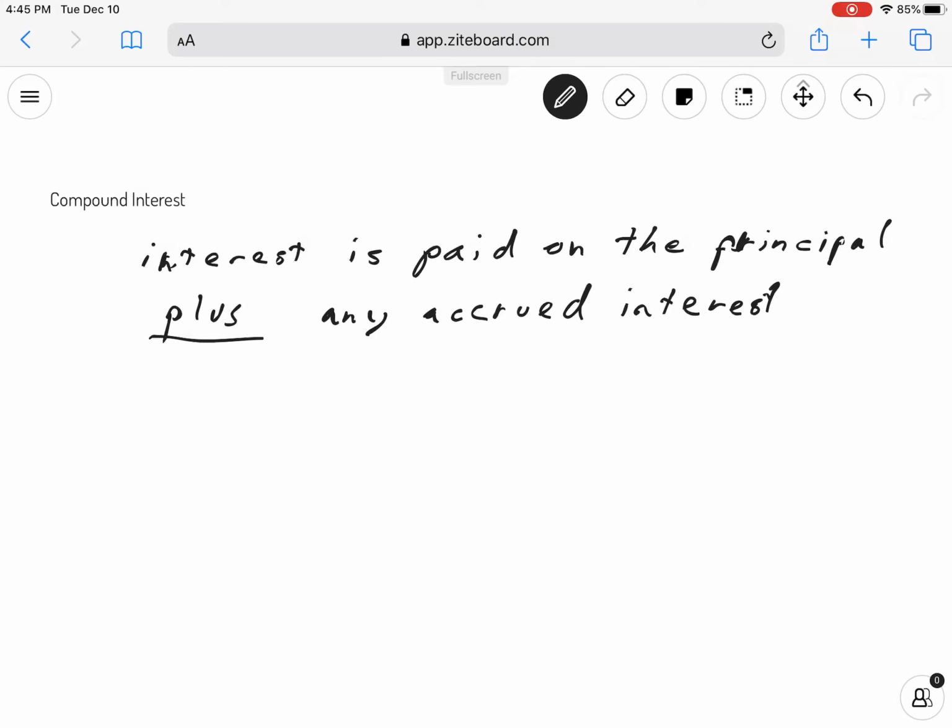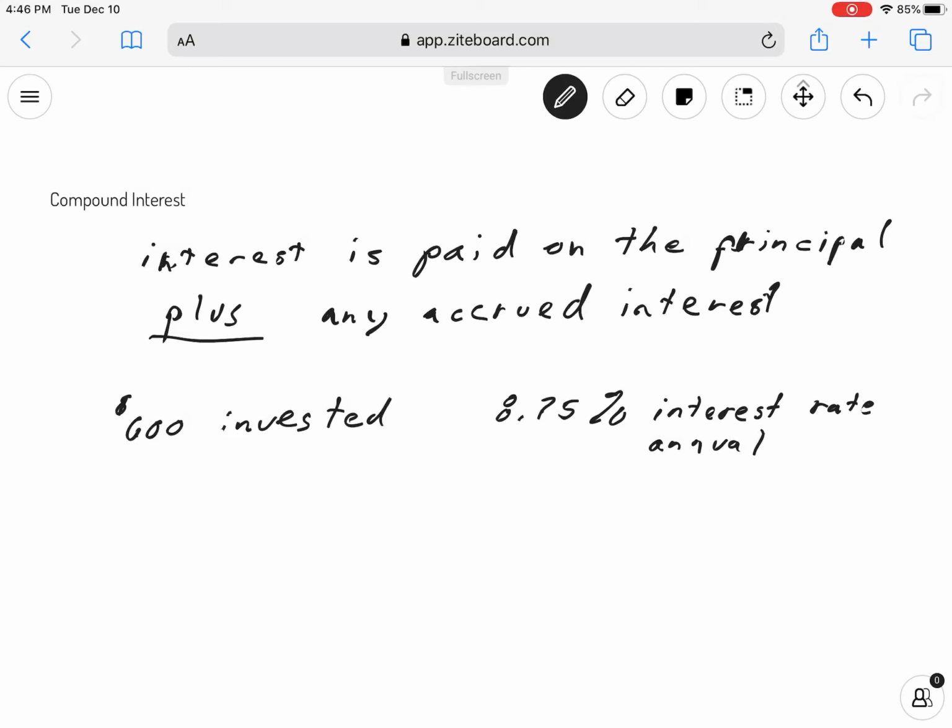So, for example, we invest $600. Okay, and we have an interest rate. Oh, we'll make it high. Say we'll make it 8.75% interest rate annual.